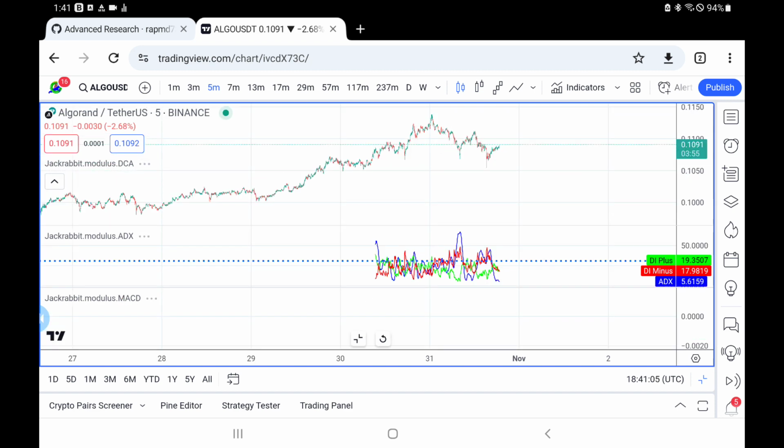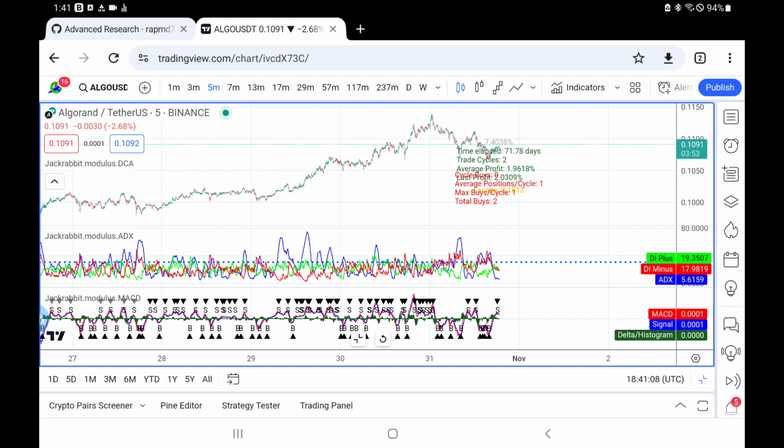So let's keep going and see how it looks on a wide range of coins that may not necessarily be the best in the market. So here's another one with 2 trade cycles at 1.9%. So this strategy is one where you want to have a large number of coins sending signals, but you only want to take 5 or 6 at a time based upon what your balance or budget is.